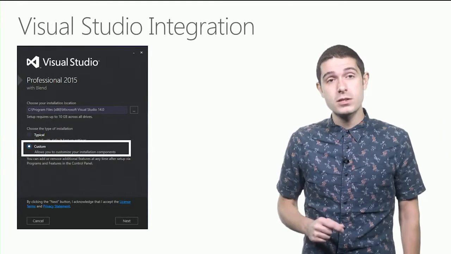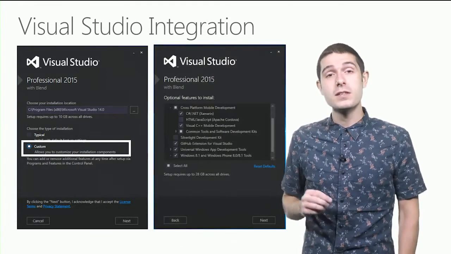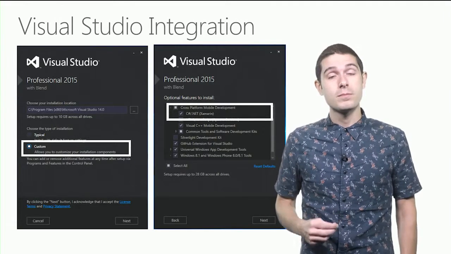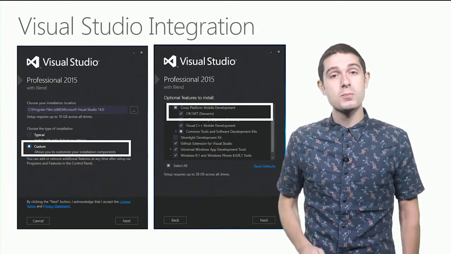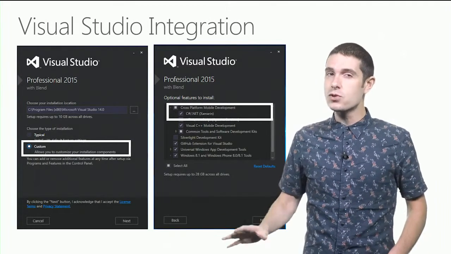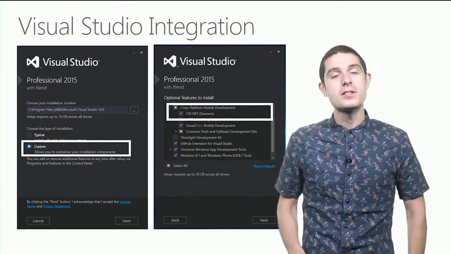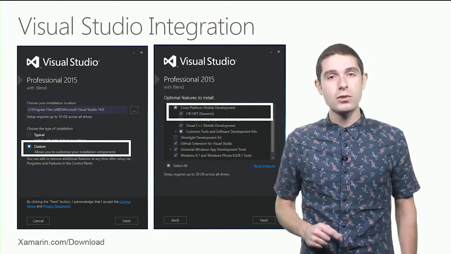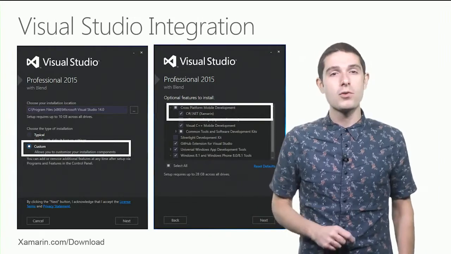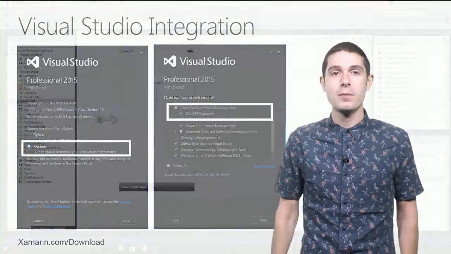Simply select the Custom Install option, and that will bring you to this next screen, and under Cross-Platform Mobile Development, you'll see Xamarin. Simply install Xamarin as part of your installation, and we'll take care of the rest. Now, if you already had Visual Studio 2015 installed, simply head over to xamarin.com/download for our universal installer, and we'll take care of everything for you to get you up and running building those cross-platform mobile apps.